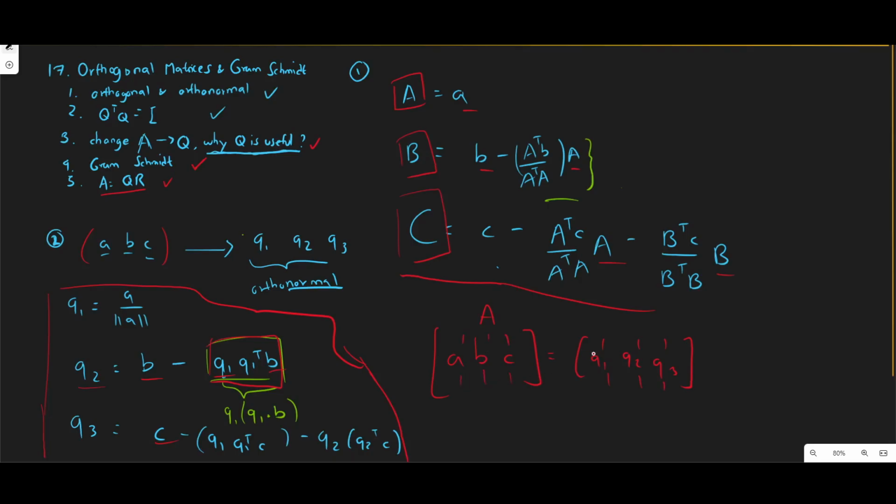So A is coming from Q1, but it is only multiplied by something. There is no Q2 or Q3 in this case; there are 0 of them. Similarly here, there are 0 of B or Q2.